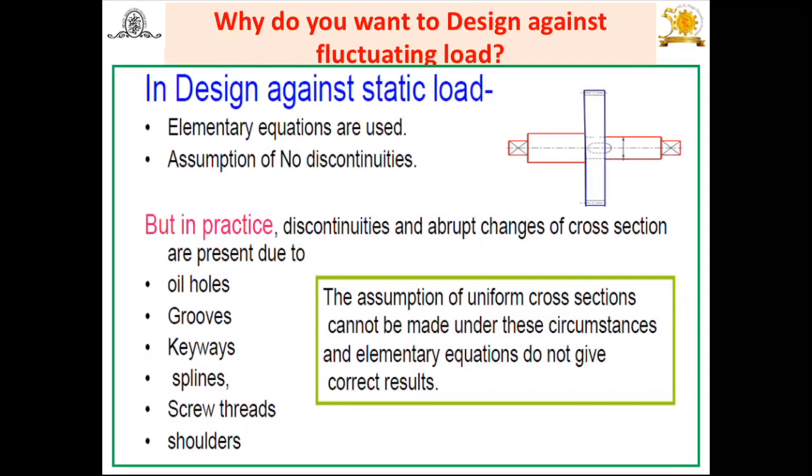But in varying load conditions, if you use these elementary equations, you will get some magnitude of the stresses, but because of the varying load, the magnitude of the stresses is going to change. Why is this magnitude going to change?